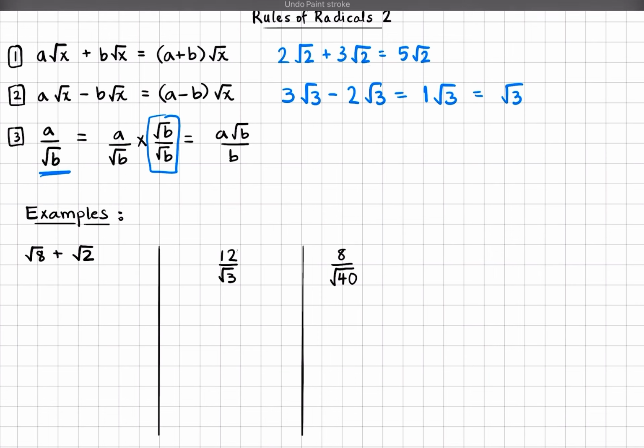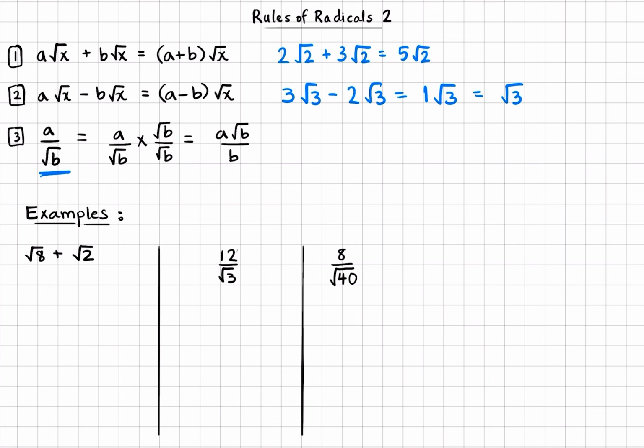And the reason you will do that is because when you multiply the square root by itself in the denominators, you get square root of b squared. And if you remember from the previous video, when I have a squared number that is square rooted, they cancel each other out.